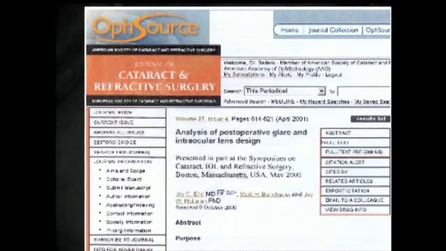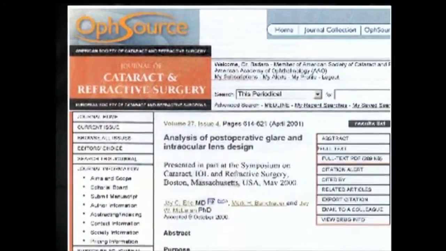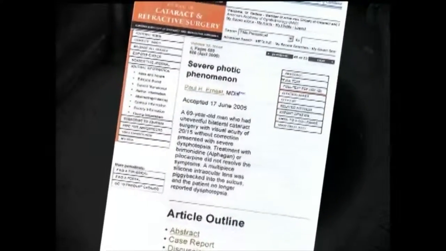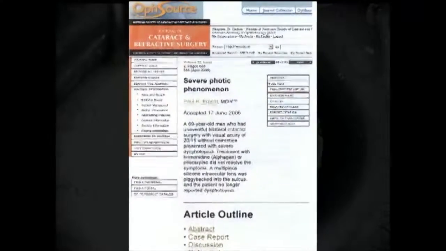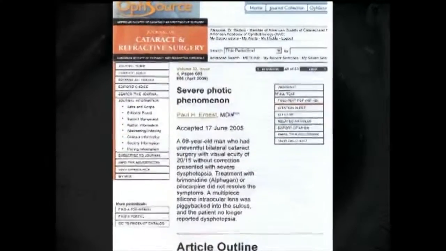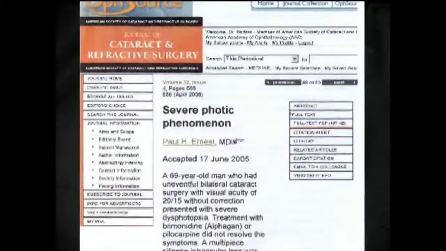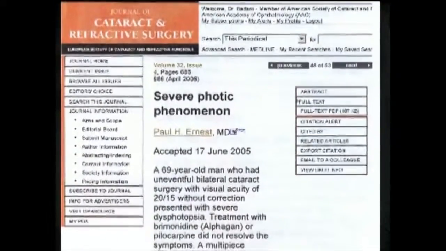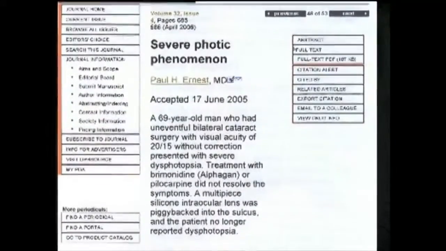In 2005, Ernest published a case report describing a patient with bilateral acrylic implants with a severe photic phenomenon, also described as washed-out vision, which was also corrected with piggyback IOL implantation. He speculated that this effect could have arisen by the eccentricity of the capsulorhexis edge with the IOL optic, and that the nature of the complaint was a combination of a normal positive dysphotopsia compounded by an extremely sensitive patient.